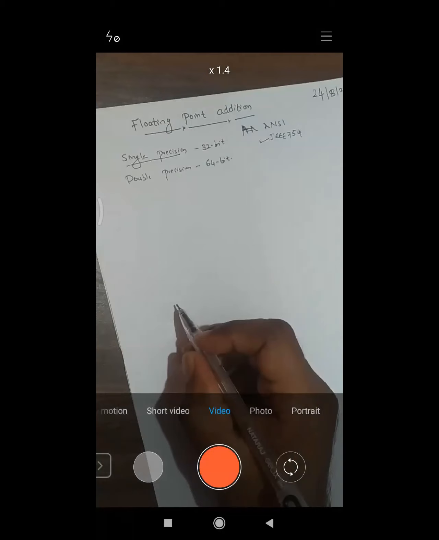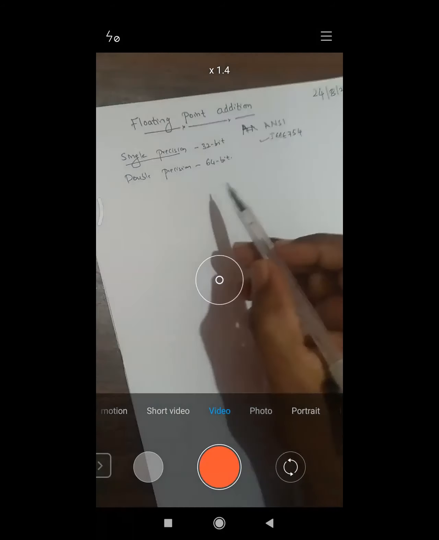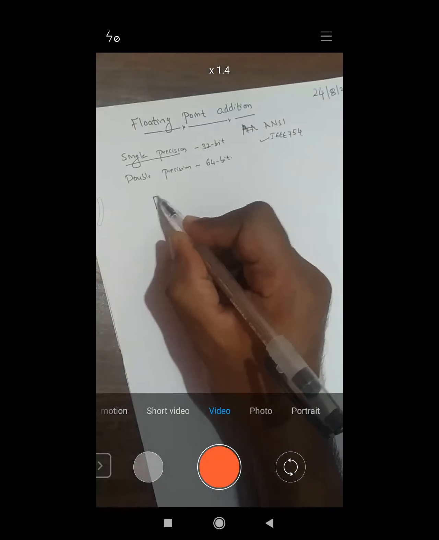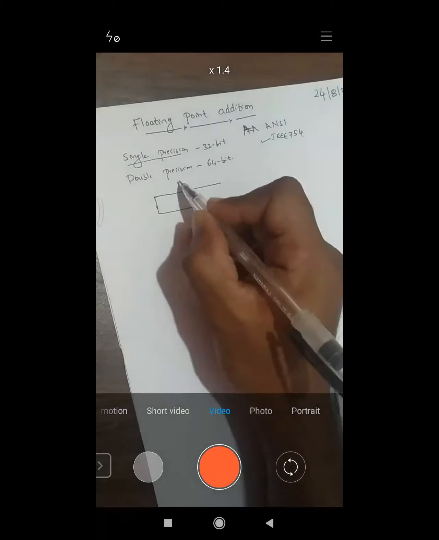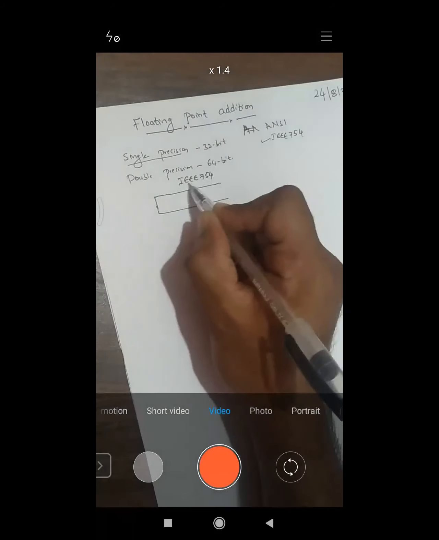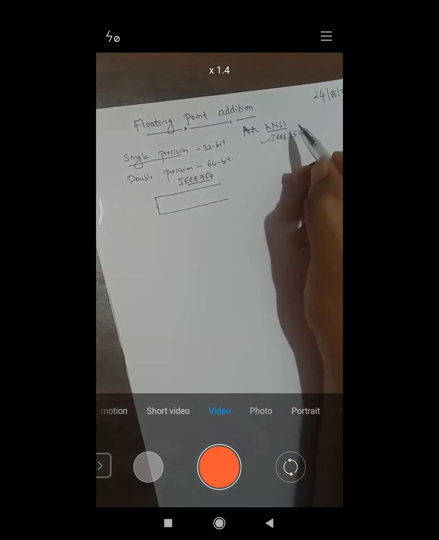The only change is that the Mantissa part will be more and the exponent part will be more in the double precision. So as per the IEEE 754 format, I am going to discuss IEEE 754. So do not get confused with the textbook, which describes the ANSI format. So we are going to discuss both.